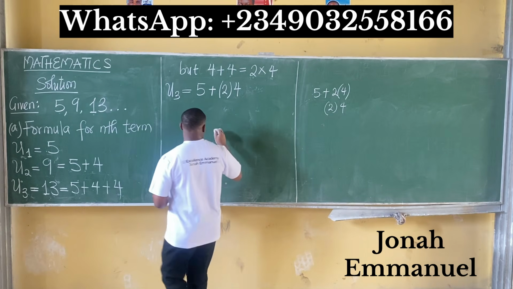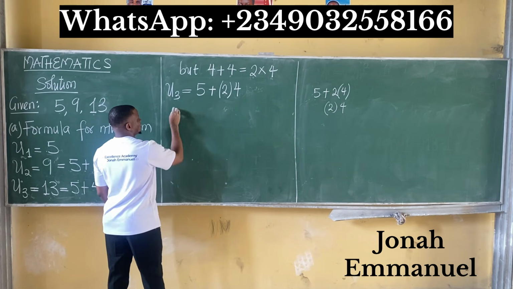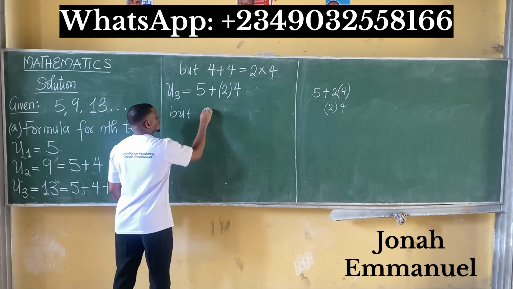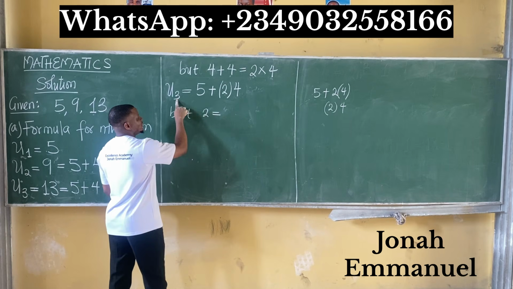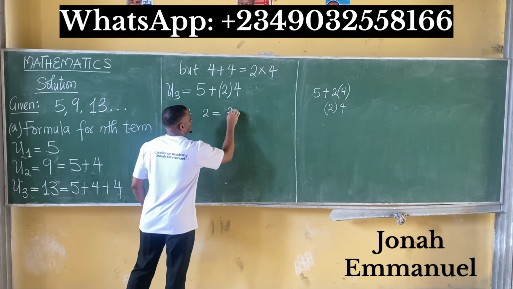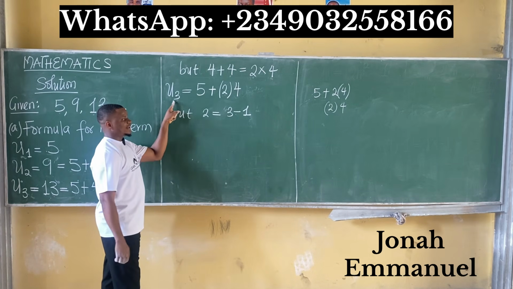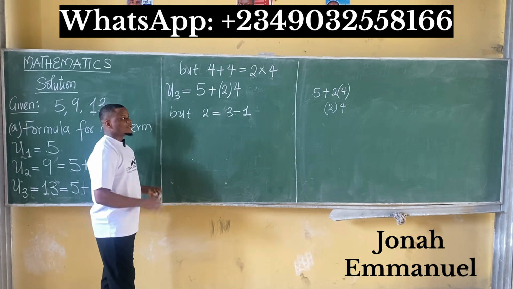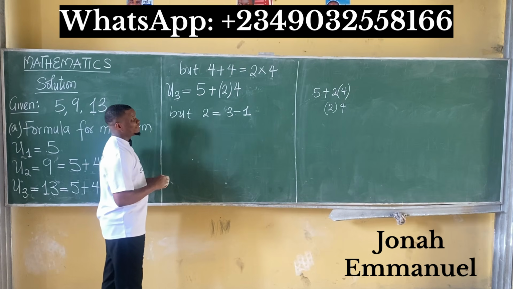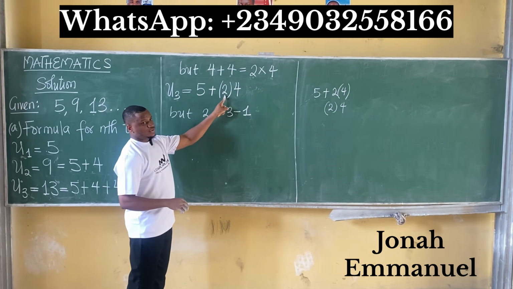In essence, relate 2 to 3, but we know that 2 is equal to, what's 2 there? 2 is simply 3 minus 1. This 2 here is equal to this 3 minus 1. So this is how we form the nth term. And that's why I said you have to be very careful which one you put in bracket.